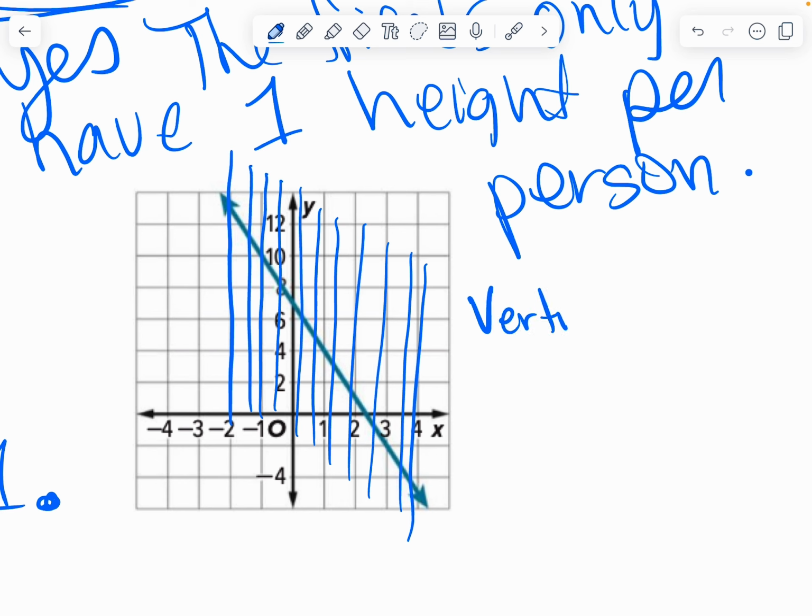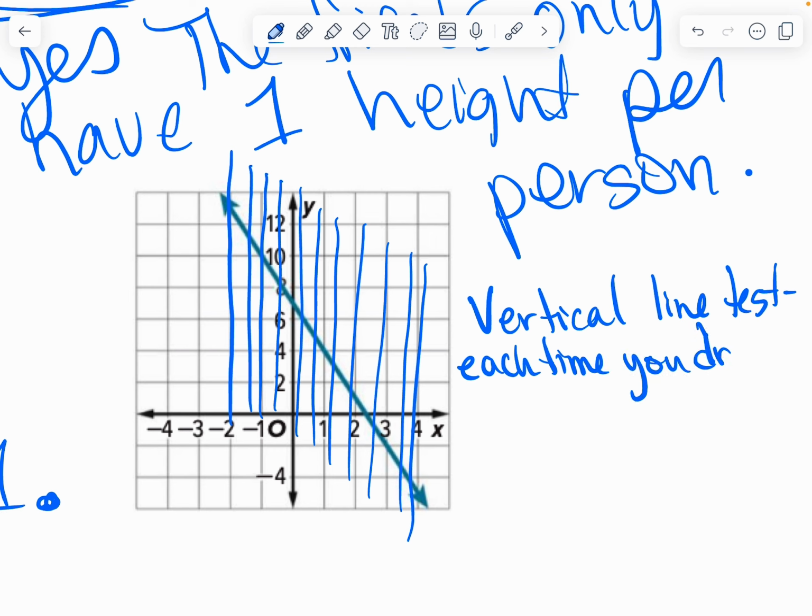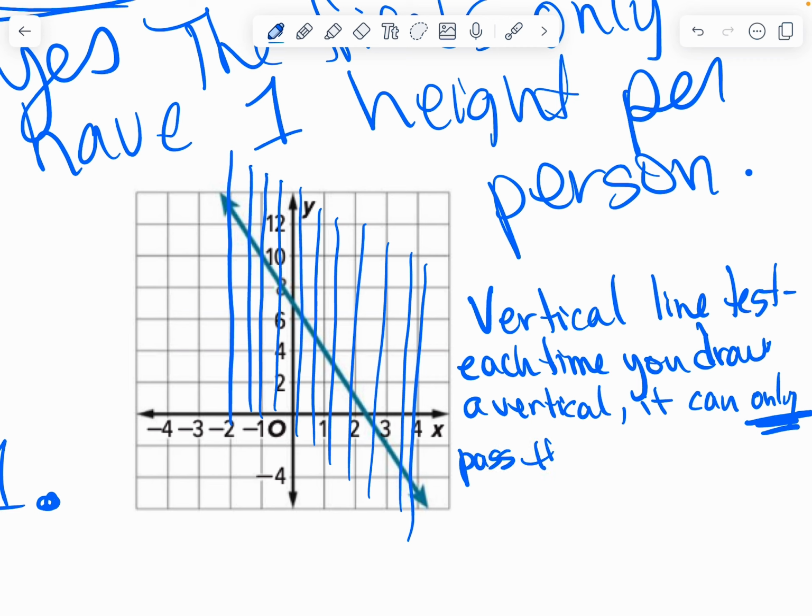So the vertical line test: each time you draw a vertical line, it can only pass through the relation one point at a time.